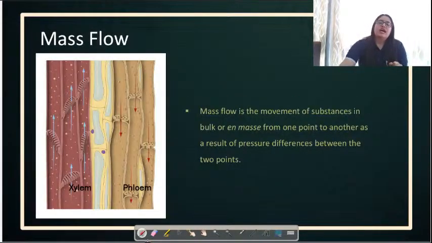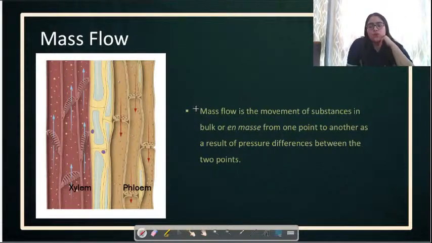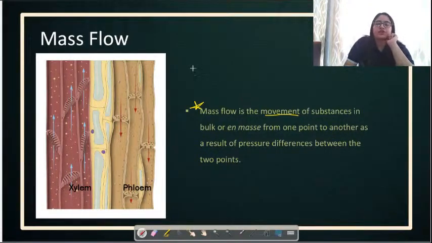Yeah, so the other important characteristic of mass flow is, students, what? In mass flow, the movement of substances is from one point to another because of pressure difference. Very important line, because of the pressure difference.